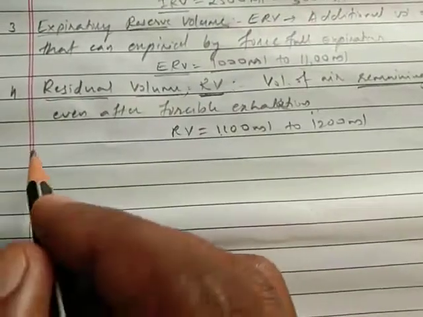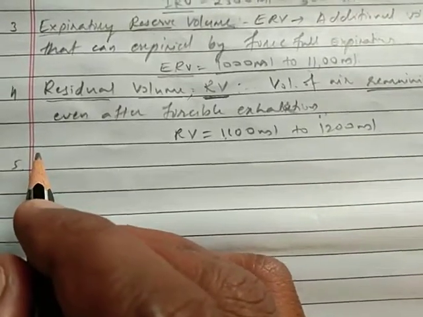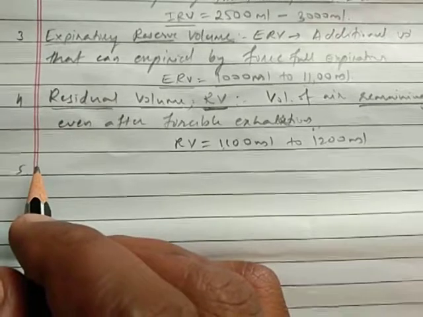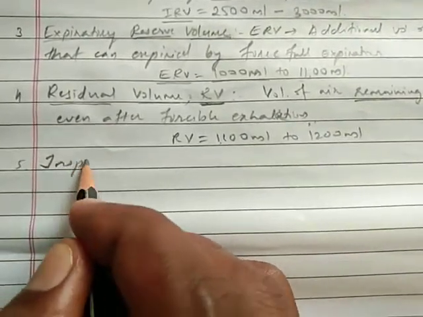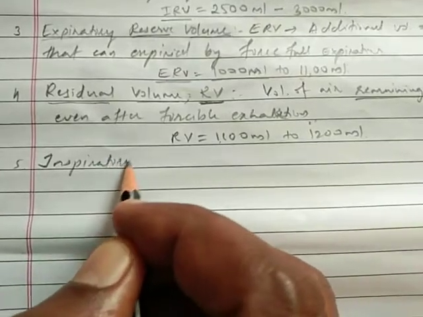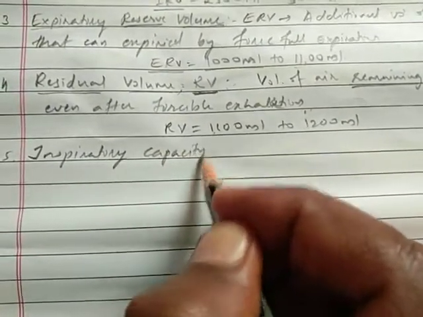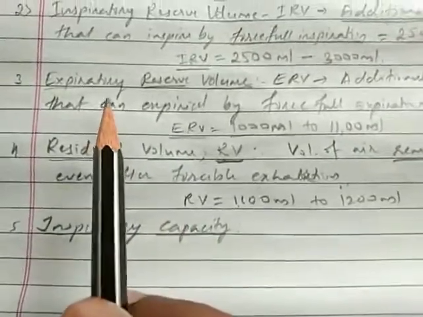Okay, so next, the fifth volume, inspiratory capacity. So that is capacity, you can say inspiratory capacity. These are the volumes I have mentioned here, you can observe.